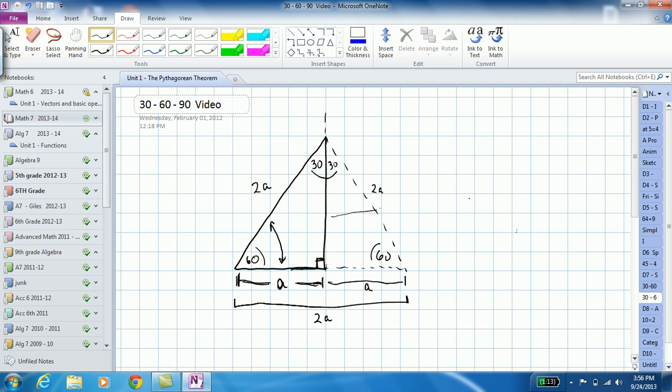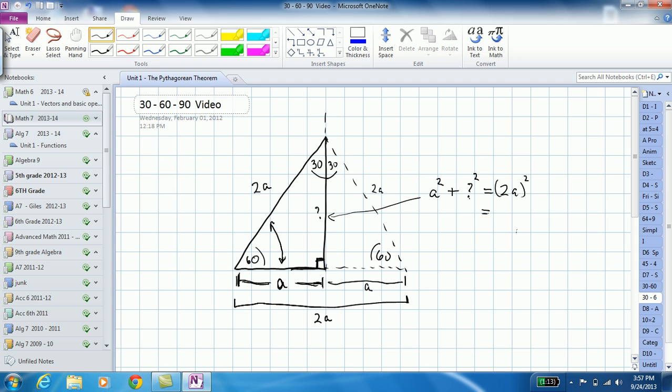This can also be looked at with the Pythagorean theorem. We can stretch this relationship along and find out how long the long leg is. The Pythagorean theorem applies to every right triangle. We have one here. It says one leg squared, a squared, plus the other leg squared, which is the thing we're looking to find next, equals the hypotenuse squared.